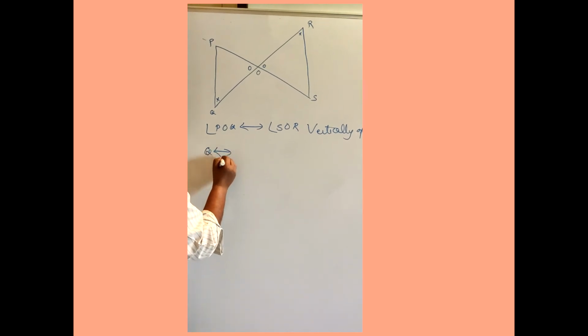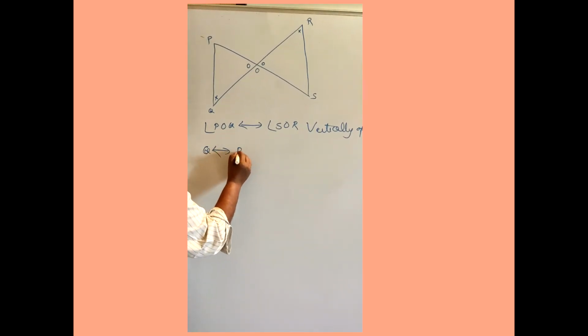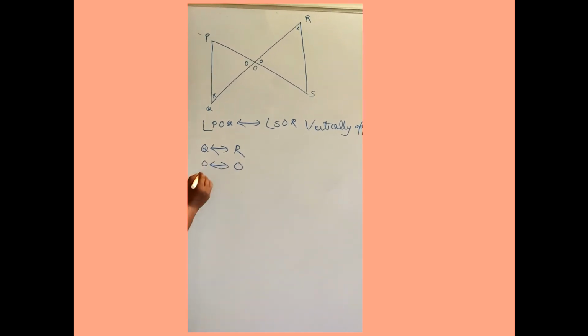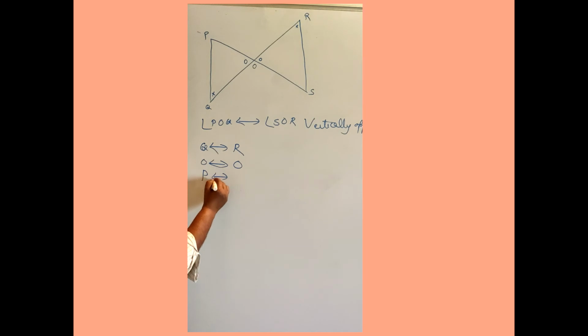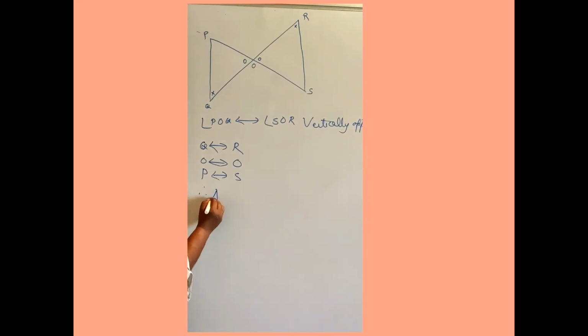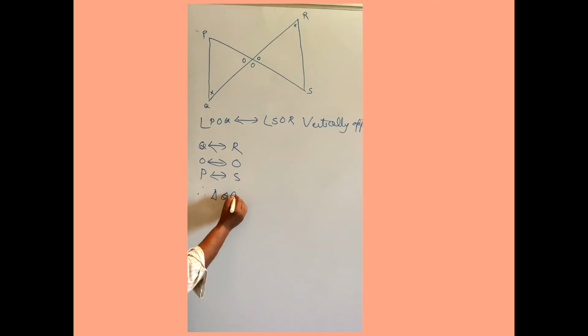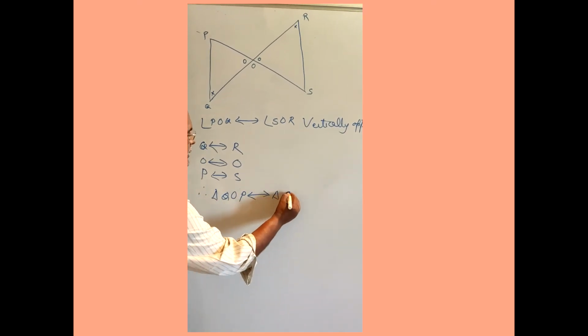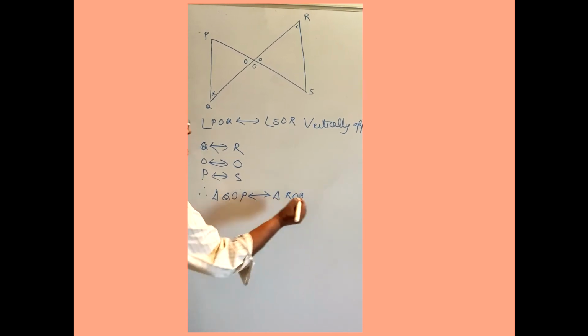Q corresponds to R, O corresponds to O, and P corresponds to S, and therefore triangle QOP corresponds to triangle ROS.